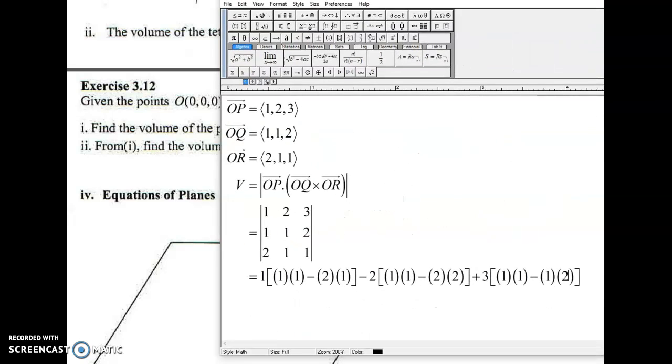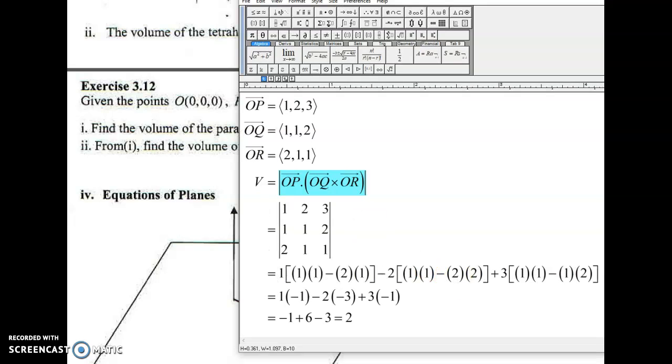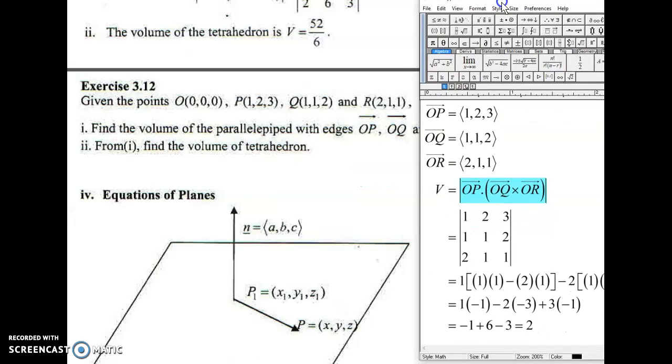Remember, the way to calculate this is the same as how we calculated the cofactor before. So we have 1 times 1 minus 2, negative 1. So there you have it. The answer is 2, the volume of the parallel pipe.